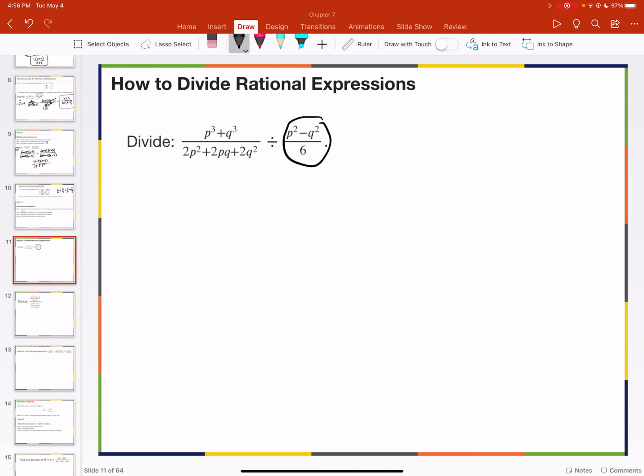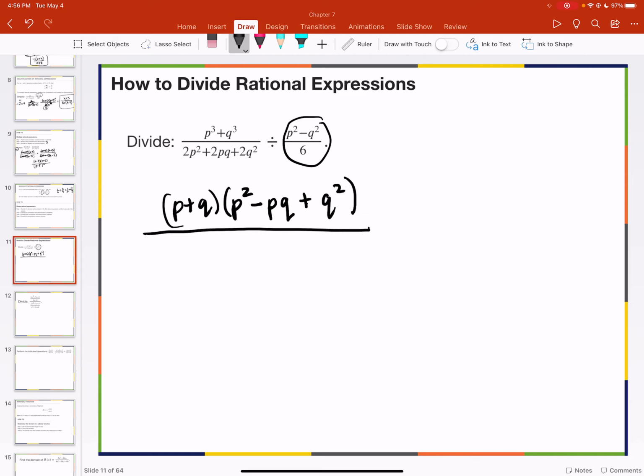So on the top, this is a sum of 2 cubes, so that factors to p plus q, p squared minus pq plus q squared. On the bottom, we can factor out a 2. You get p squared plus 2pq plus q squared.